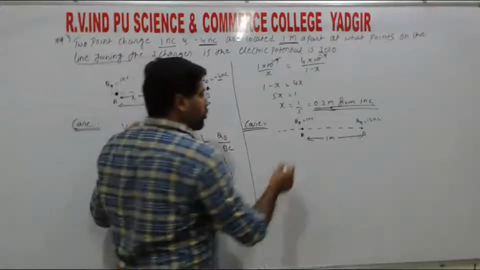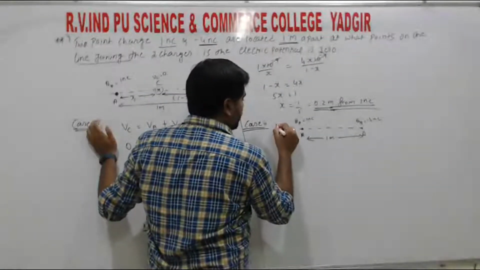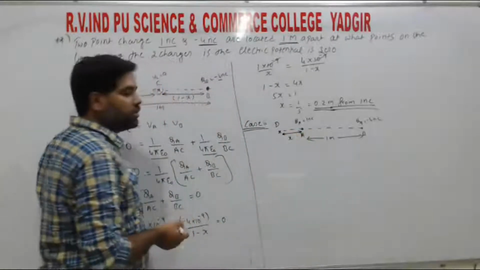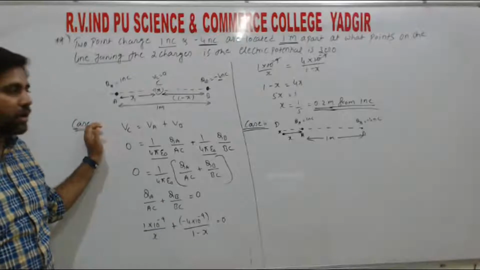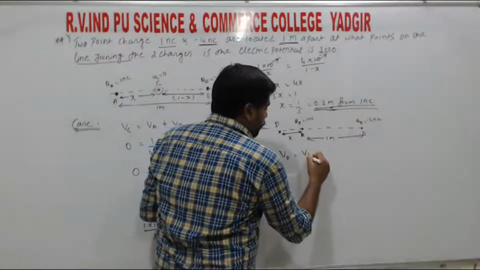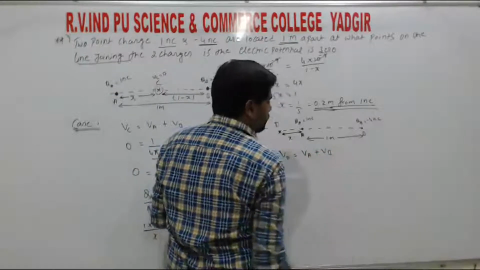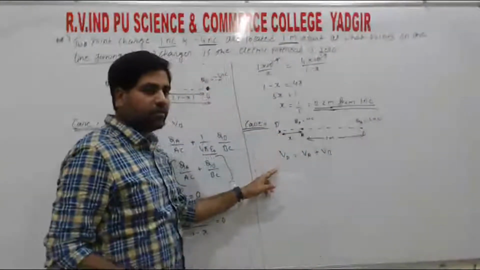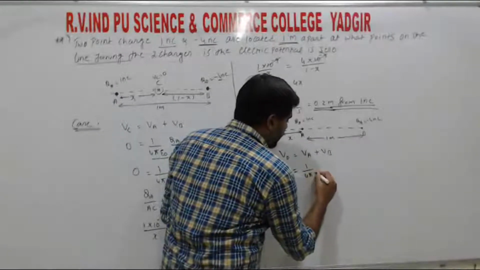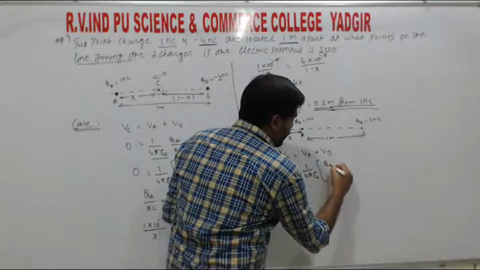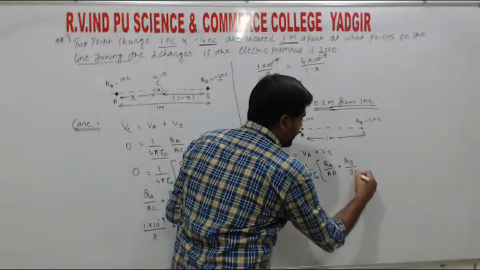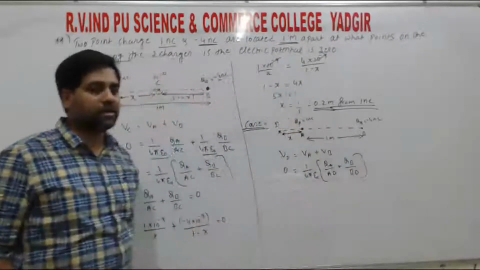So here we consider point D, which is at a distance x from A. This is the second case. The potential at D, VD, is equal to VA plus VB. Again, the potential at D is 0, so 0 equals 1 by 4 pi epsilon naught times QA by AD plus QB divided by BD. You can write it directly like this.